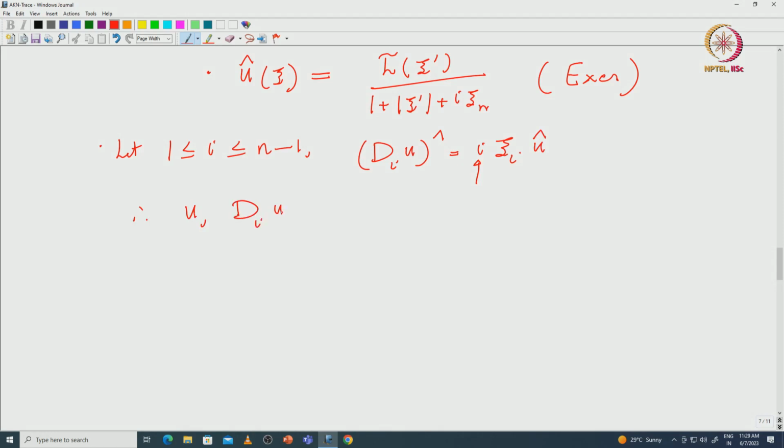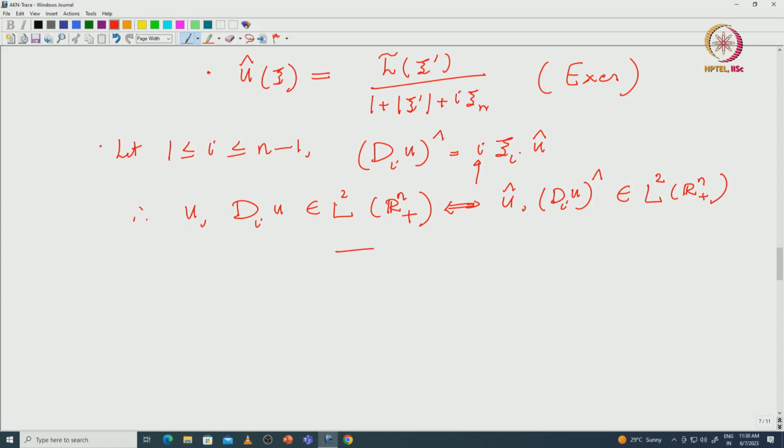di of u is in L2 of Rn plus, that we expect because the nth variable is the problem. If you are not convinced, we are anyway proving it. This holds if and only if di of u hat is in L2 of Rn plus.